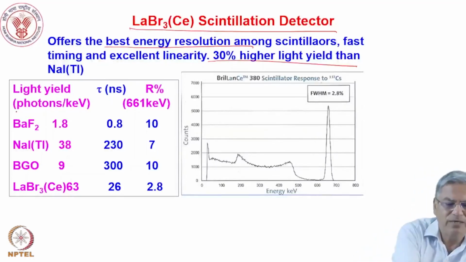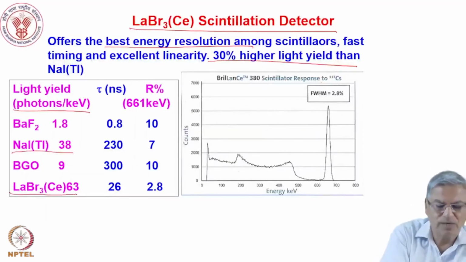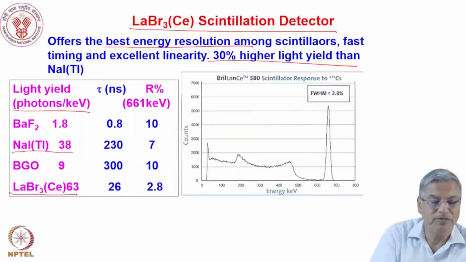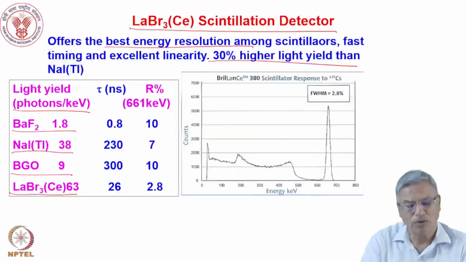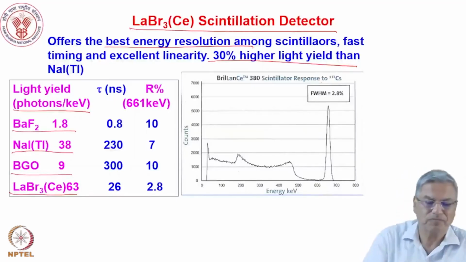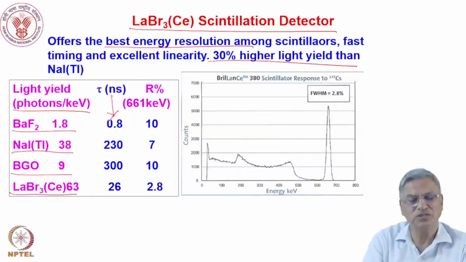So the light yield, photons per keV: sodium iodide thallium 38 photons per keV, lanthanum bromide cerium 63 photons per keV. Compare this with barium fluoride and BGO. If the number of photons per keV is low, resolution is going to be worse. The resolving time is the fluorescence decay time, how fast the fluorescence is decaying.